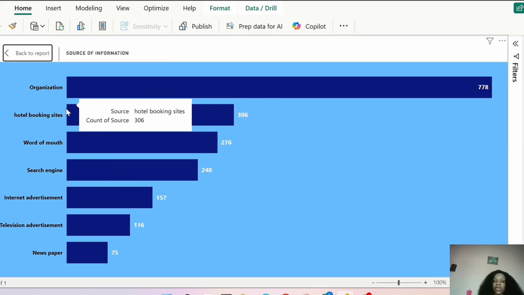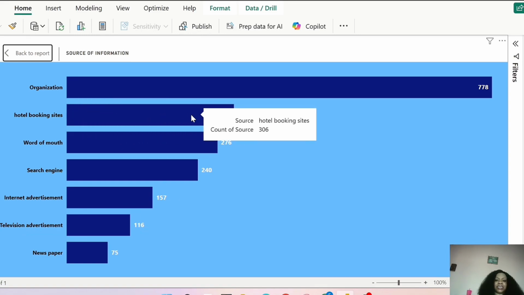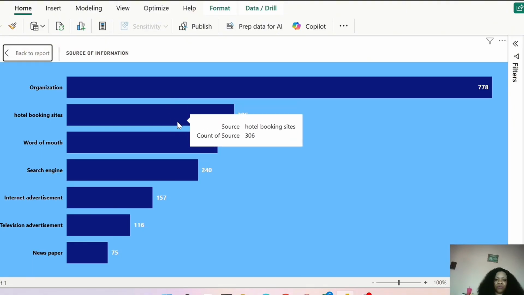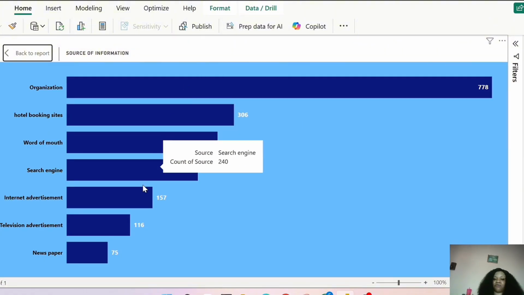Is it that people are not seeing our hotel sites, but definitely on social media? Is it that we don't have a clickable link on our social media platform? Do we need to call in an SEO expert to improve our visibility on the internet? These are not things that we would have known if we did not do this kind of analysis.